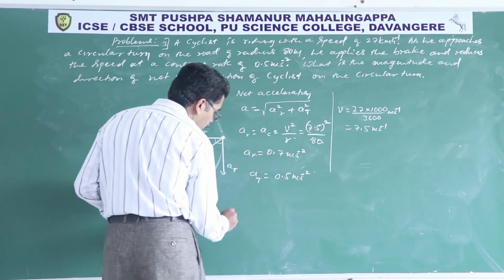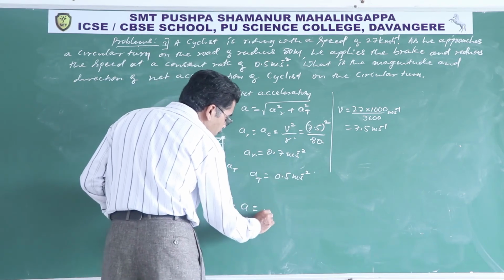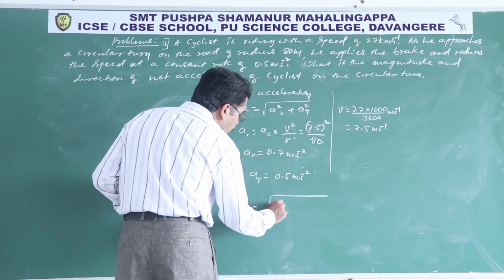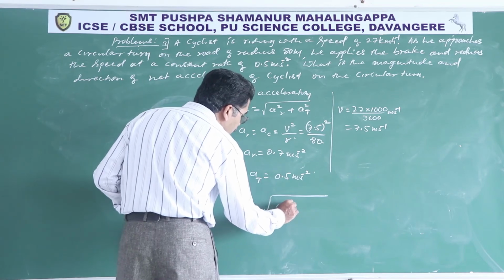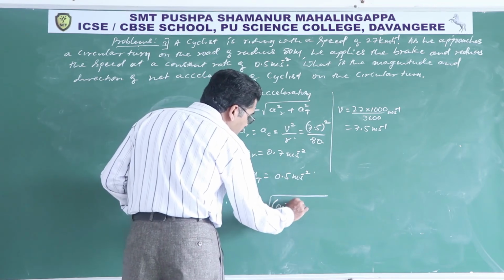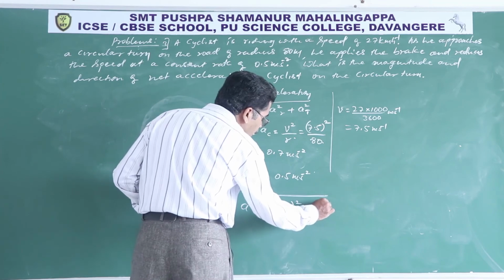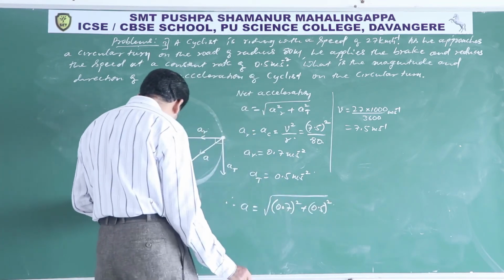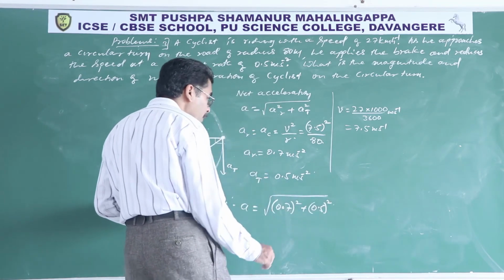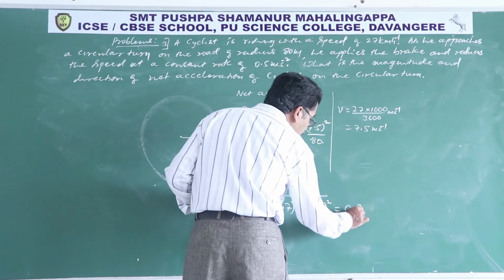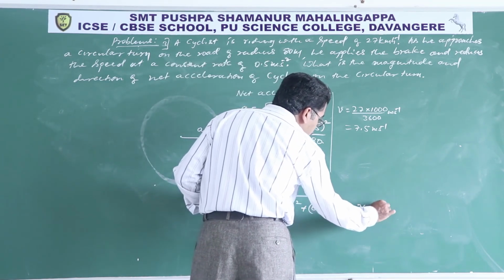Therefore A is equal to root of 0.7 square plus 0.5 square. You please simplify this. On simplifying, you are going to get 0.86 meter per second square.